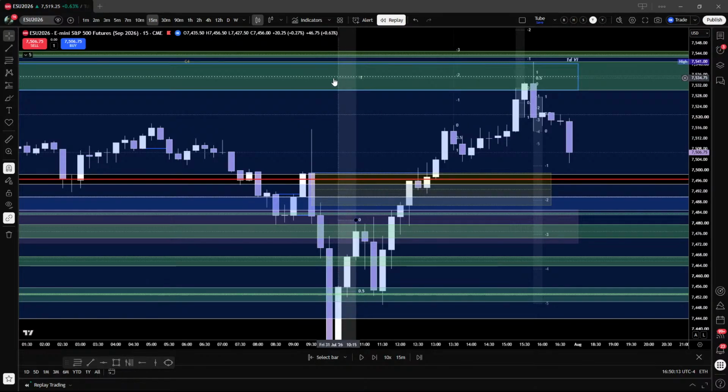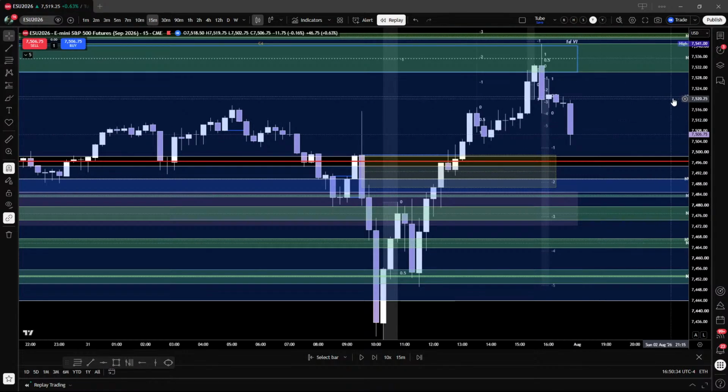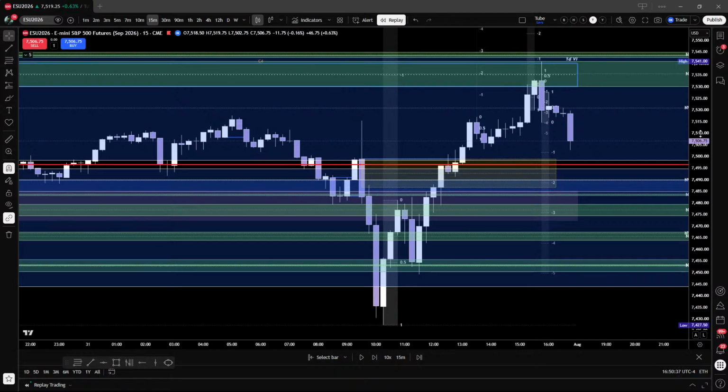We have confluence here, the -1 and this end dot, and we had a daily volume imbalance. Again, I love volume imbalances. They're like a magnet for price. Even on the 1 minute, if price slows down, that's when I start to look at the 1 minute, and then I'm looking for volume imbalances on the 1 minute.